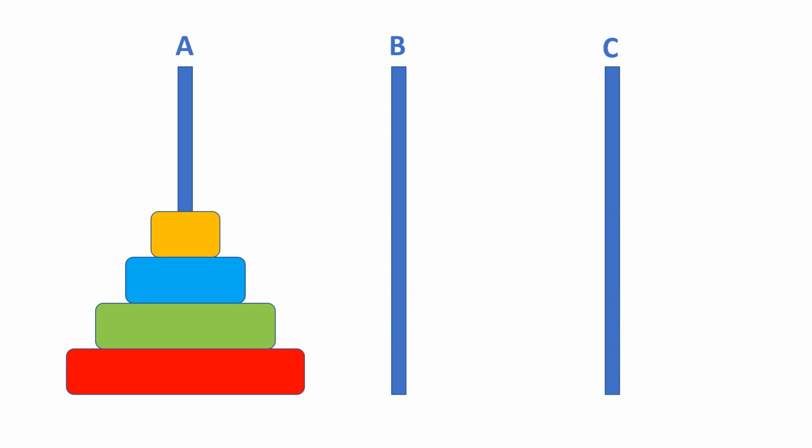So if I knew how to solve this problem, I could simply say, I will bring the 3, following the rules, to pole C. Then I will move that single one to pole B. Then I will follow the rules again for the 3 and put the 3 back on B, and therefore everything is moved.